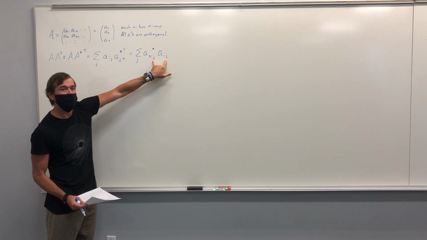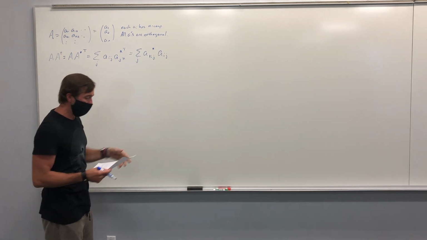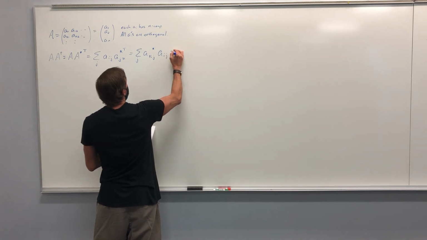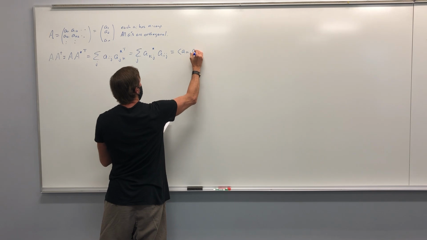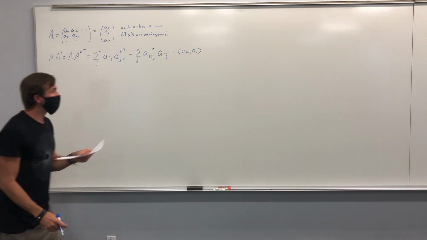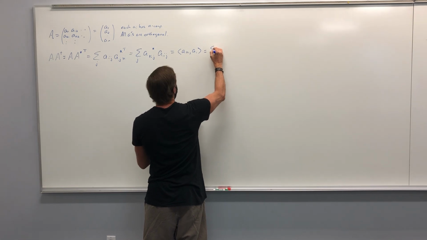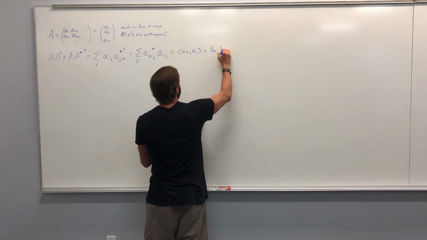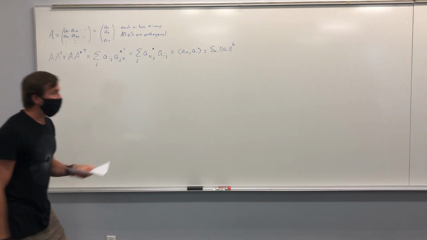Take the first components of each, multiply them together, add the second components of each, multiply together, and so on. So this is secretly just A_k A_i, which of course, since they're orthogonal, we know is delta_ki times the magnitude of A_i squared.